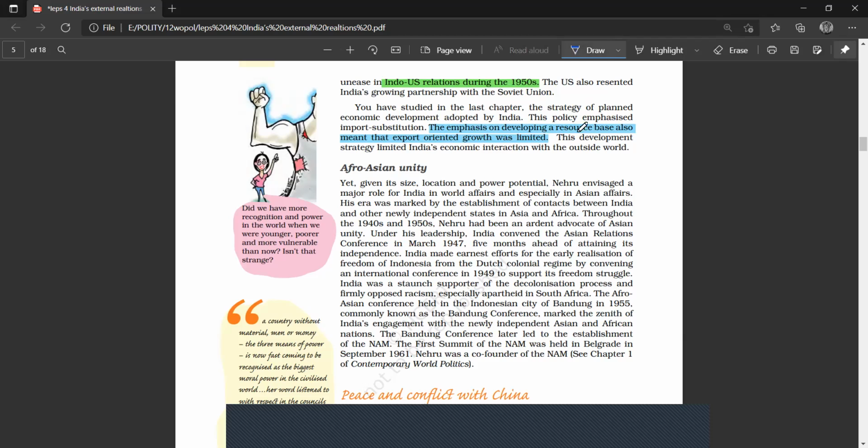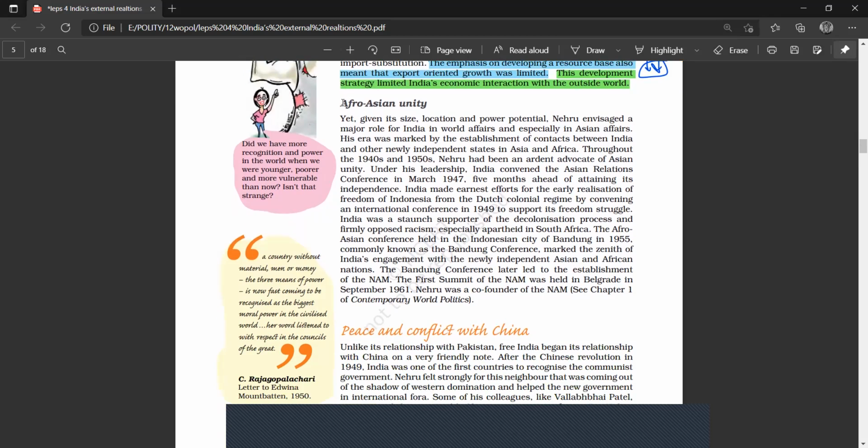Because if we are using everything for our development and growth, we would not be exporting as much as other countries. So that's why export growth was limited. This development strategy limited India's economic interaction with the outside world. Because we were focusing more on ourselves and our growth, we were not able to give the outside world much of what India produced.